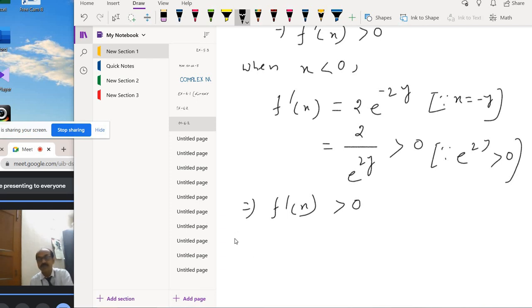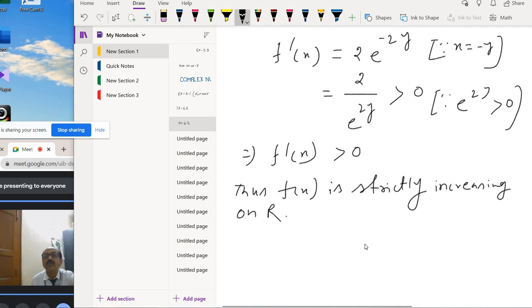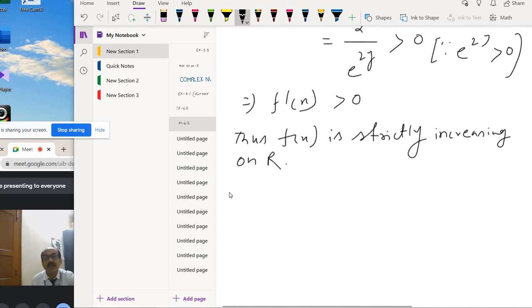Thus f(x) is strictly increasing on R. Okay, is this clear? Yes, sir. In all the cases positive, greater than 0, so the function f(x) is strictly increasing.